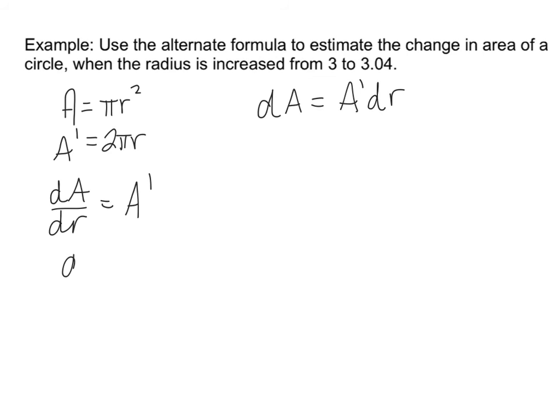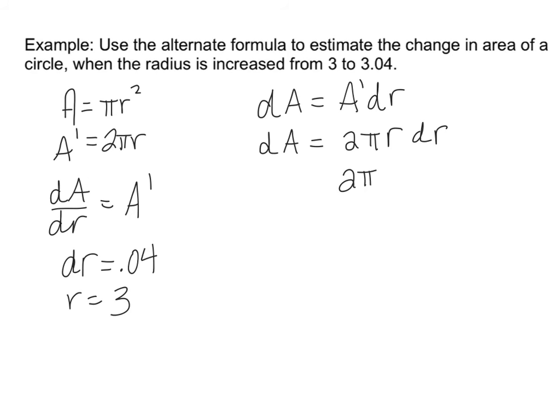So the dr is the change, so that's going to be 0.04. R is going to be 3, right? And so we have dA equals 2 pi r dr. If we put in the values, r is 3 and dr is 0.04, and this is 0.754.